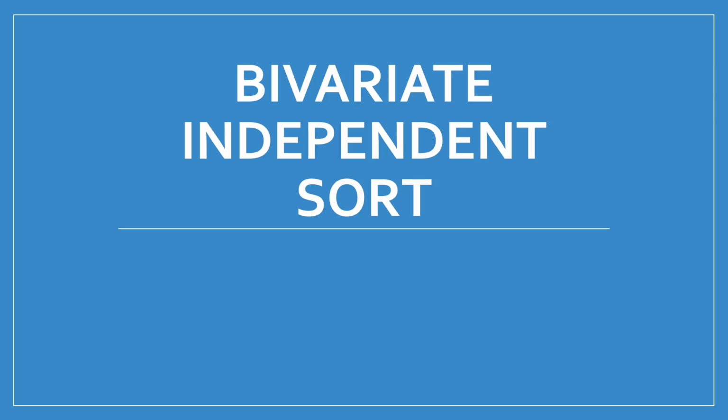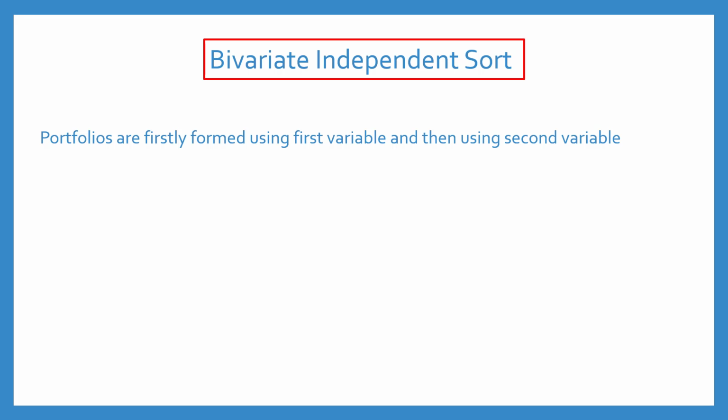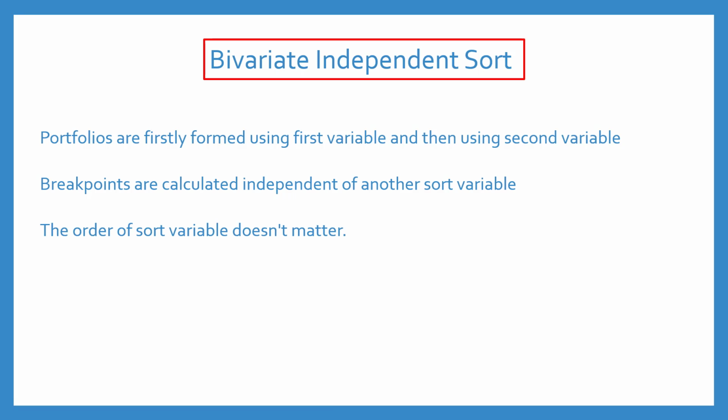Now let's first start with the bivariate independent sort. In the bivariate independent sort, we form the portfolio on the basis of the first variable, and then we form the portfolio on the basis of the second variable. But the idea is that the breaking point of both these variables is calculated independently of the other sort, and that's why it is called independent sort.